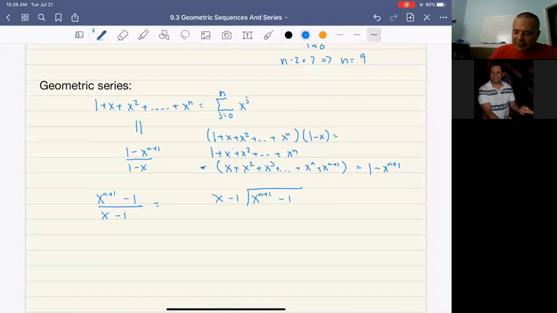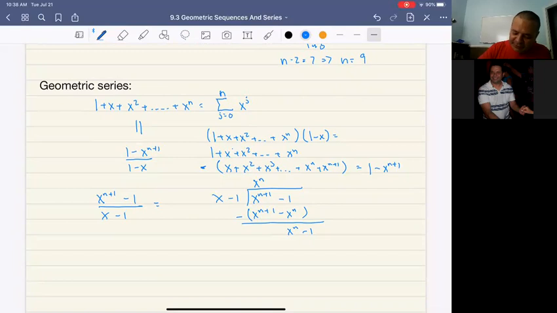So x to the n plus 1 divided by x is going to be x to the n. Multiplying through, x to the n plus 1 minus x to the n. Subtracting, these cancel. You're going to be left with x to the n minus 1.